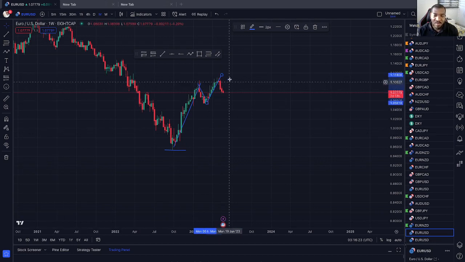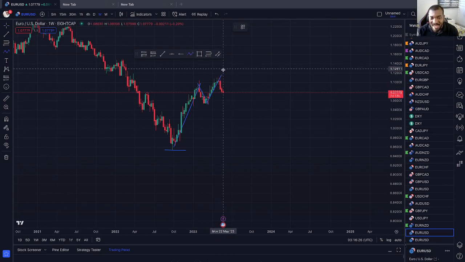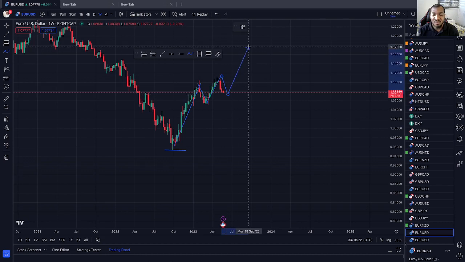And then some people sell the market, but since the buyers are in charge, they keep pushing the market upward until the sellers are able to take over the market and create a structure break.